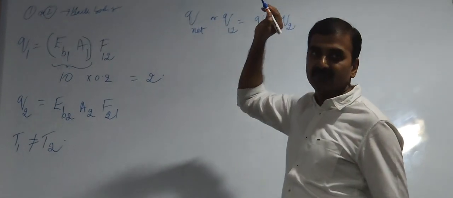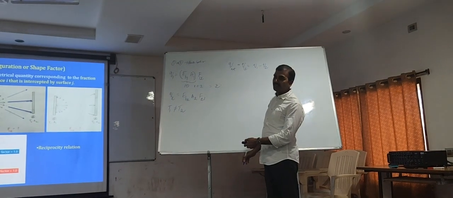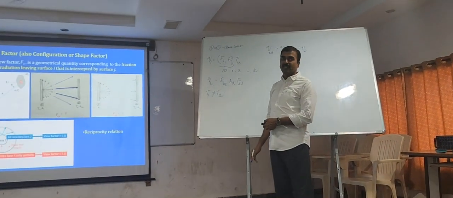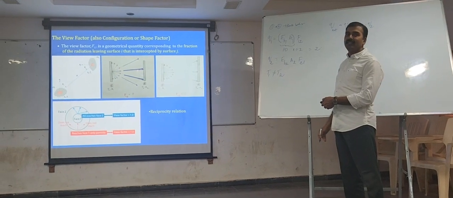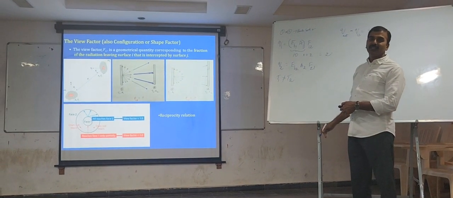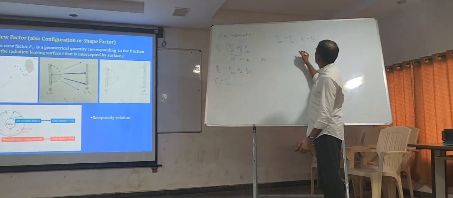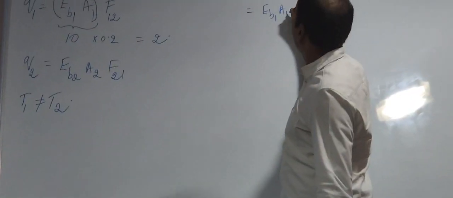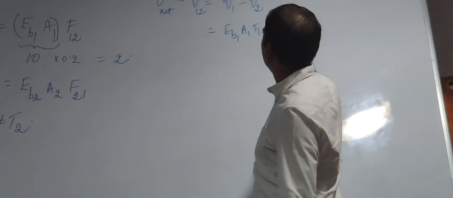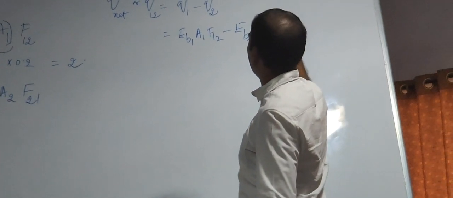This is exchanging energy and this is also. So if you take any given point of time, suppose you take this body, it is receiving the energy as well as sending the energy. So what does the net exchange mean? The difference between the two. So this is equal to EB1 A1 F12 minus EB2 A2 F21.